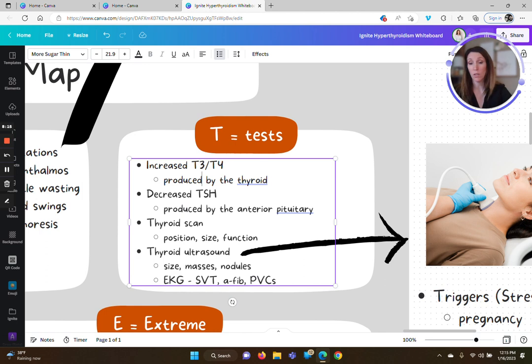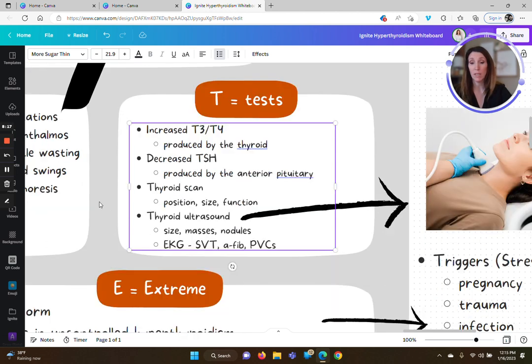I would just know that there's a thyroid scan, and then a thyroid ultrasound, where we use the ultrasound machine just like when we're looking at a baby, to look for the size, so we can see how big is it, does it have a specific mass on it, are there nodules? We had talked about before that sometimes a multinodular goiter may be the cause of hyperthyroidism. So if we do an ultrasound on that, we can see, are there lots of nodules? Is that the underlying issue here?